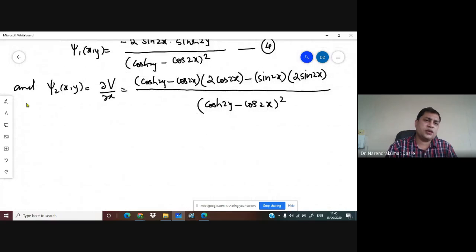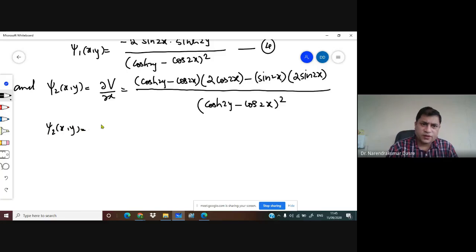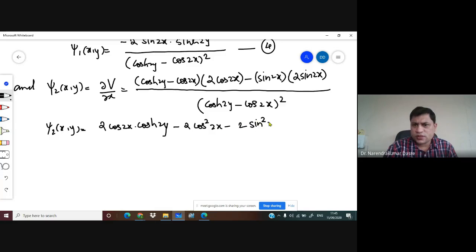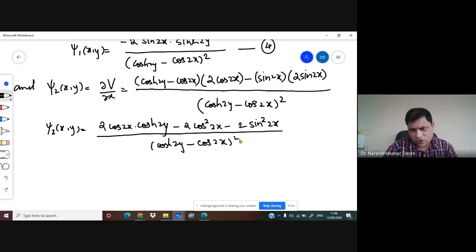Let us simplify this. We get psi 2 of xy is equal to 2 cos of 2x hyperbolic cos of 2y minus 2 cos square 2x minus 2 sine square 2x, upon cos hyperbolic 2y minus cos of 2x bracket square.